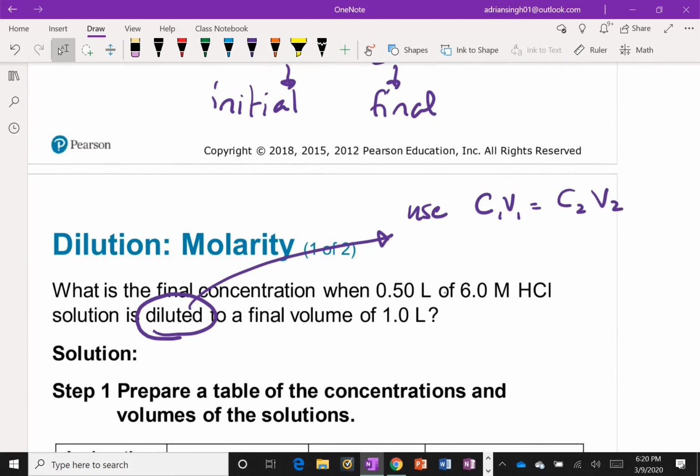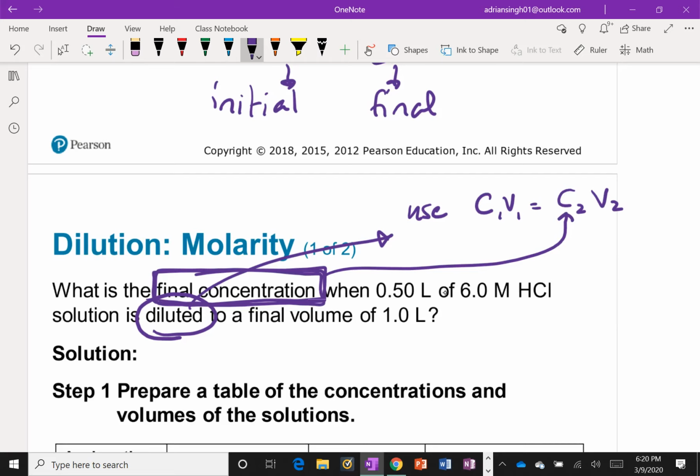All right, so it's asking us, what is the final concentration? So what is our unknown? C2. This is the thing that we don't know. We're going to have to solve for. What is the initial concentration? What are we starting with?